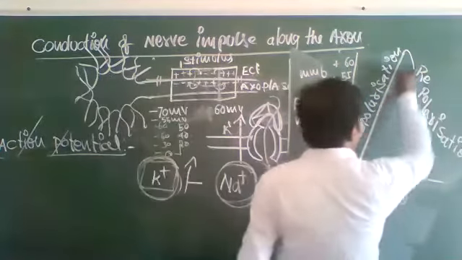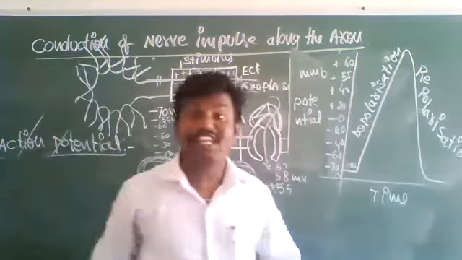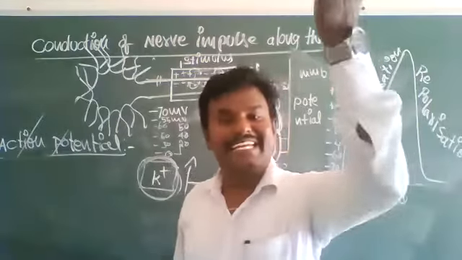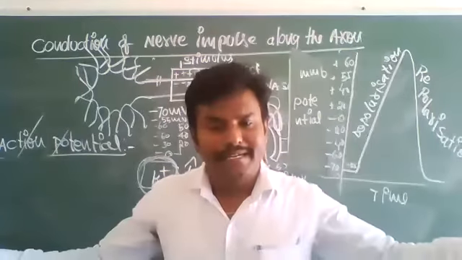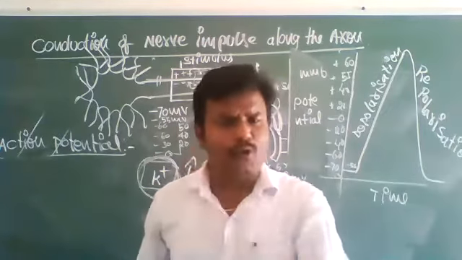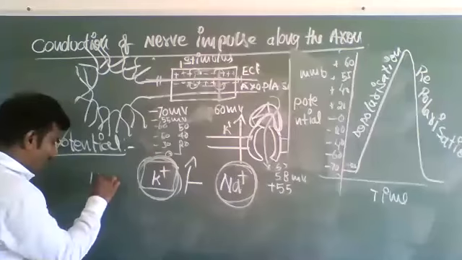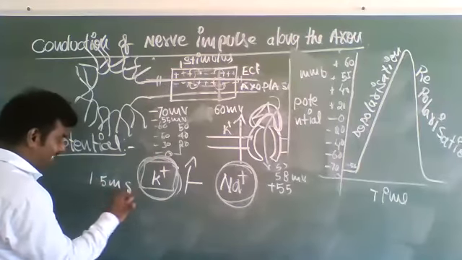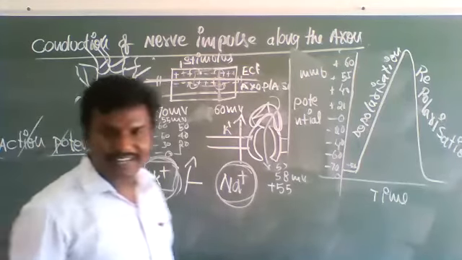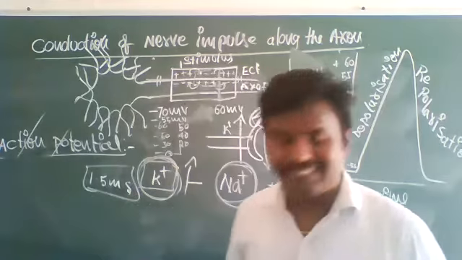The entire process of depolarization and repolarization is very fast, exciting and coming back to the resting state very quickly. It takes just about 1.5 milliseconds for depolarization and repolarization.